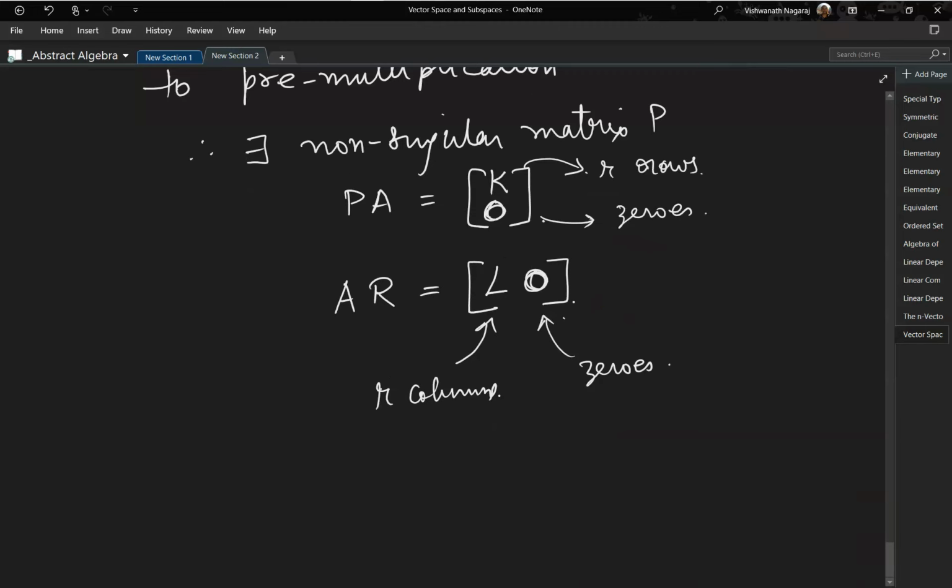Okay, so that is about space and subspace, and important theorems which are very useful in understanding spaces and subspaces. That's it for now. Bye.